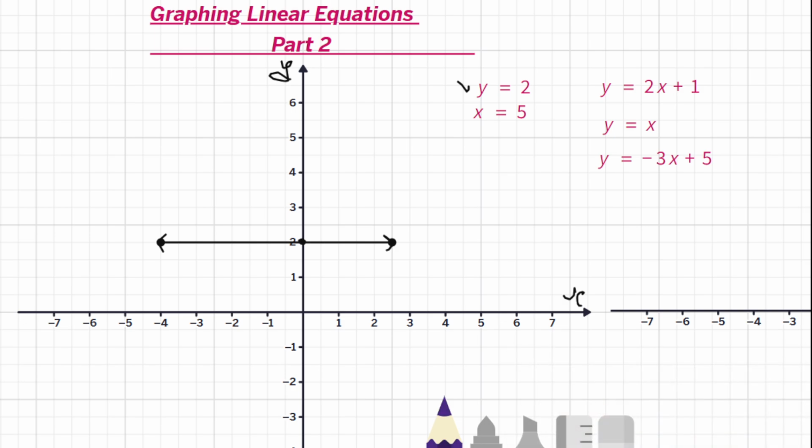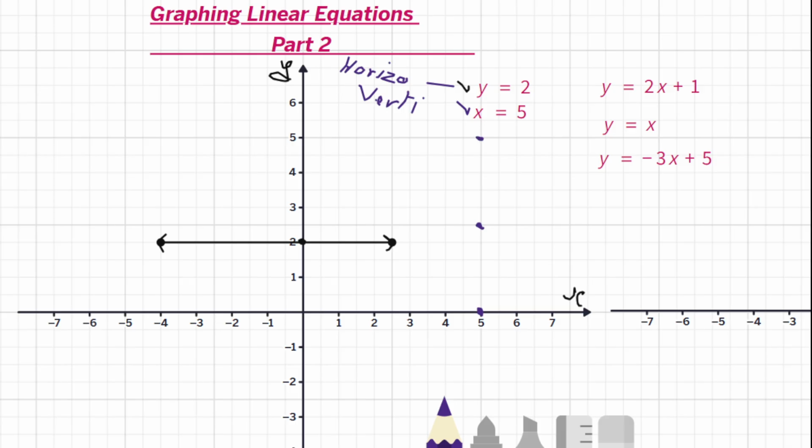Now let's graph x equal 5. So y equals 2 was a horizontal line. X equal 5 is just going to be a vertical line. Now, where is x equal 5? It's at this specific point. What about here? Yes, x equal 5.